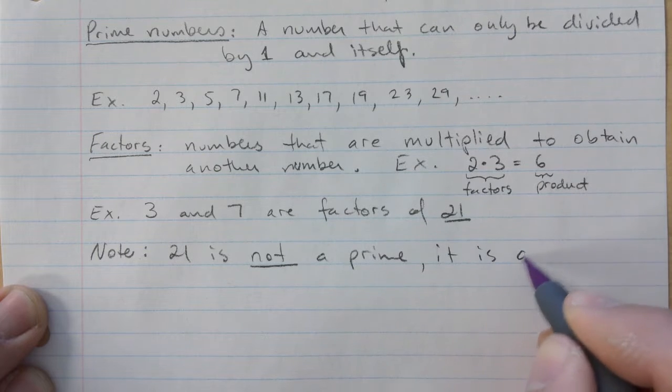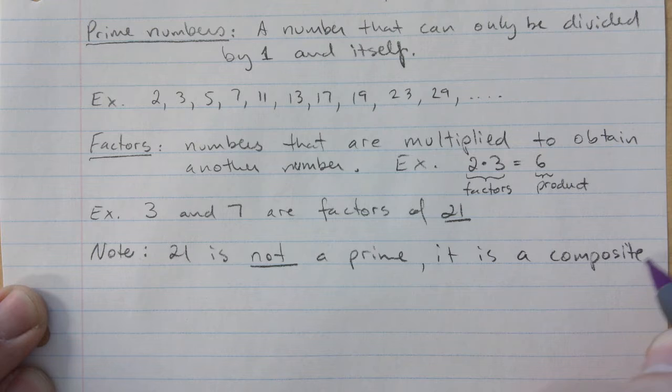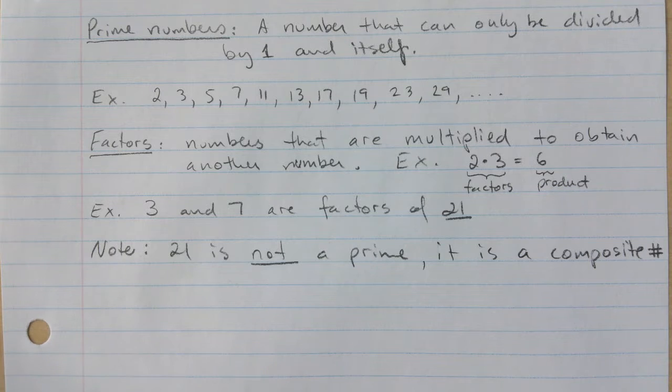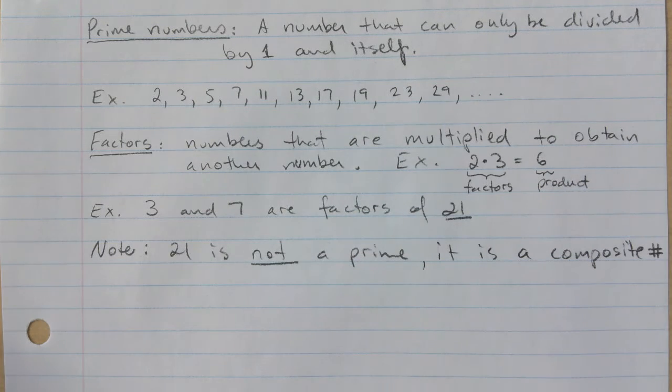It is a composite number. So any number that can be divided by other factors is a composite. So if you're not under the prime list, you're a composite.